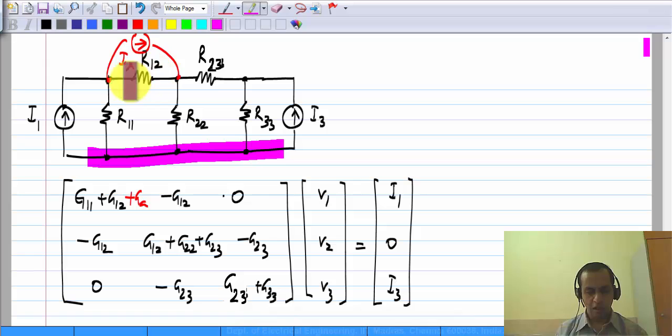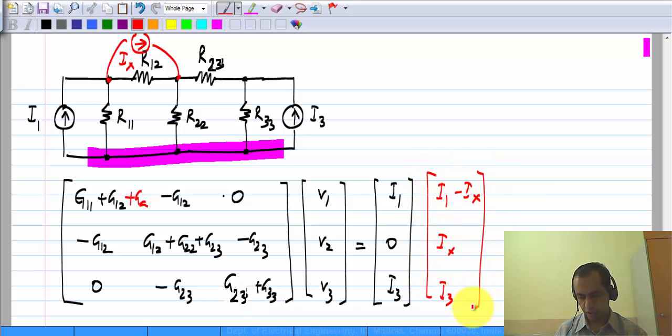Again, Ix is being pulled from node 1, so this becomes I1 minus Ix, and Ix is being pushed into node 2, so it becomes plus Ix, and I3 will remain as it is. So the source vector changes whenever you change the sources, which are current sources in the present case. With this, hopefully the structure of the G matrix and the source vector are clear.